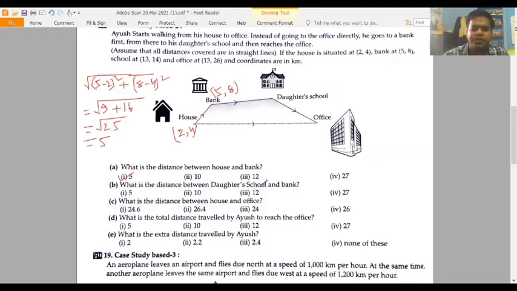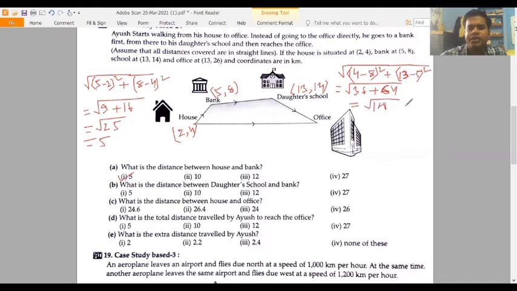Next, what is the distance between the daughter's school and the bank? The school position is 13,14. Again, the same distance formula. 14 minus 8 is 6, squared 36, plus 13 minus 5 is 8, squared 64. The total sum is 100, and the square root is 10.